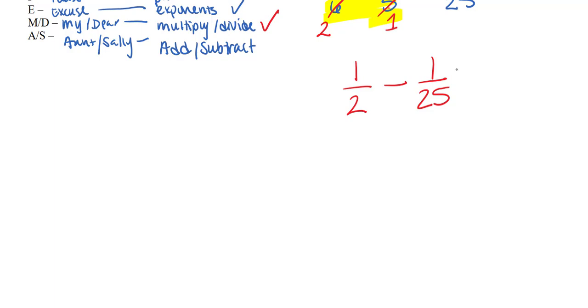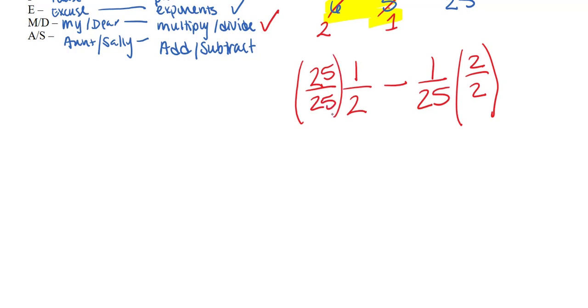On this side, we multiply 2 over 2, and on this side, 25 over 25. We get a common denominator of 50, because 2 can't go into 25, and the next multiple of 25 would be 50.